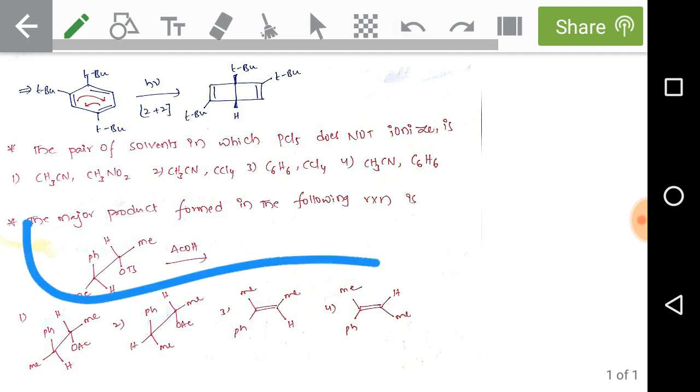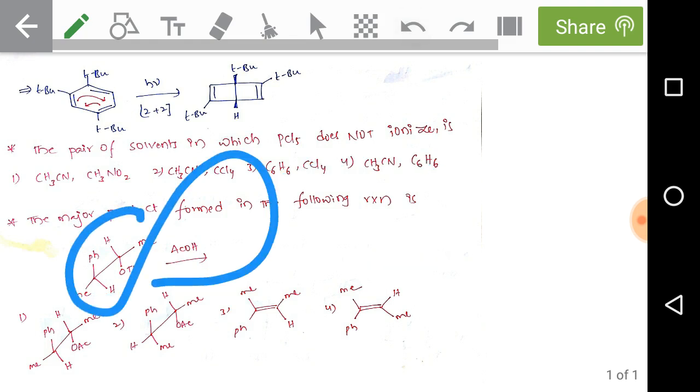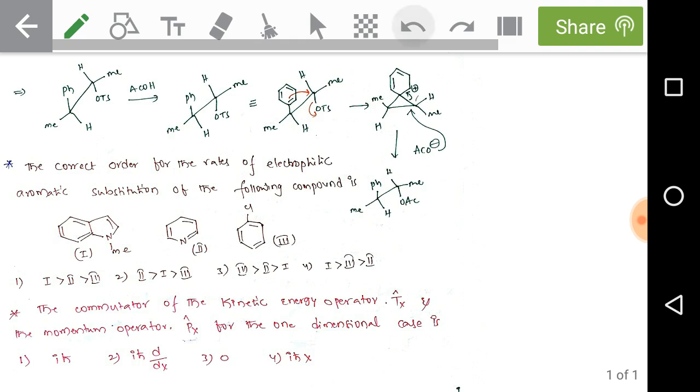Next one, the major product formed in the following reaction is. Just observe the reaction here, and you can see that there is participation of a neighboring group, that is, a phenyl group acts as a neighboring group, which is 180 degrees opposite to the leaving group, the tosylate group.